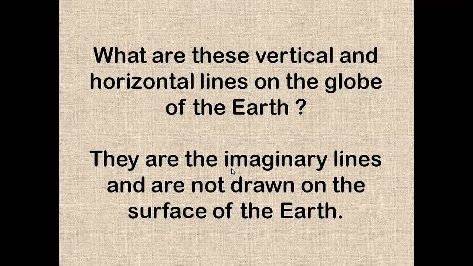You will not find these lines which we saw in image 1 and 2 on the earth, but they are just imaginary lines on the globe. You may find them on the globe, on the images when you search. So they are the imaginary lines and are not drawn on the surface of the earth.